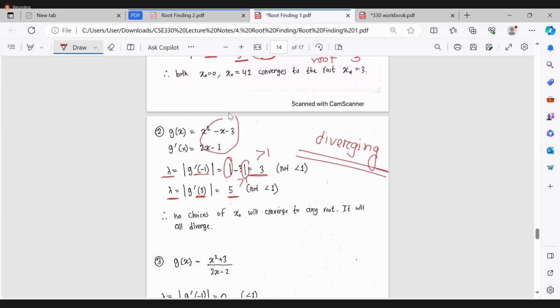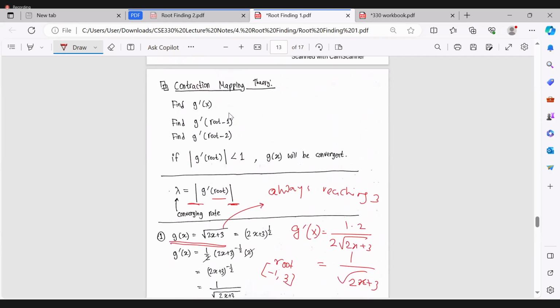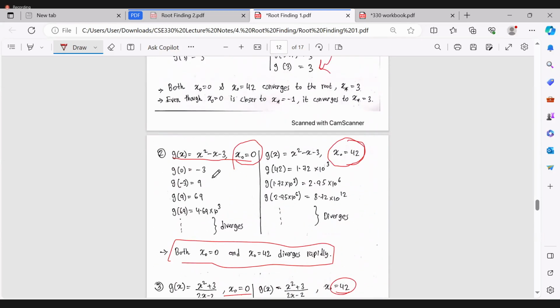If you had not used the absolute value sign here, you would have thought -3 is less than 1, so maybe it is converging, but that is not true. You need the absolute value, so -3 becomes 3, which is greater than 1, so it is diverging. So this second form was diverging no matter what the initial point was.